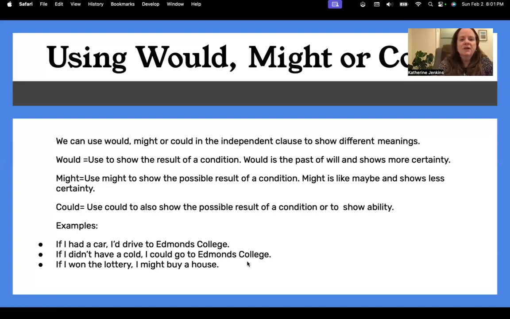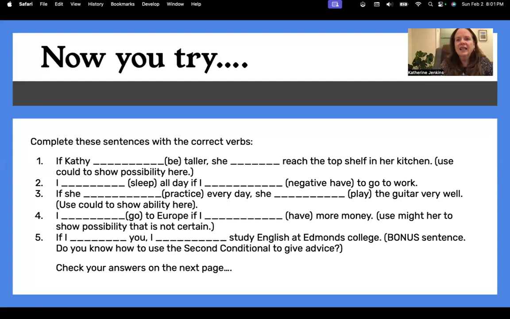Okay, let's move on. I'd like you to try now by yourself. You can look at these sentences and pause the video. And in this exercise, I would like you to try to first identify the dependent clause and find the time word or the if clause, as it's sometimes called. And then this will help you to complete these sentences because you know with the if clause or the dependent clause, what do we use?